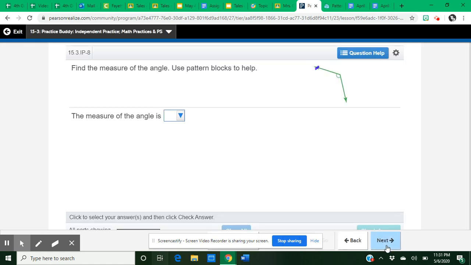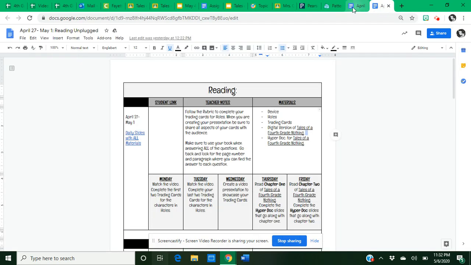Okay, let's look at one more here. This one, when I look at it, is it smaller or larger than a square? You are right, it is larger than a square. If I look at this, it's wider than a square. I couldn't make a perfect square on that. So I'm going to go back and I'm going to look at this. Whoops, wrong one.